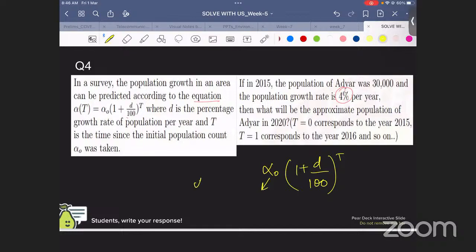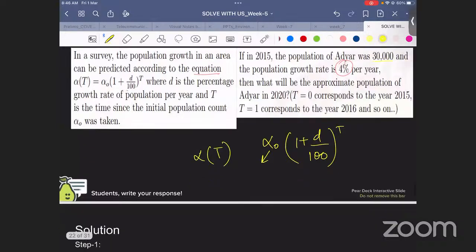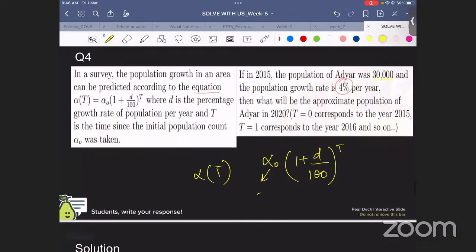You have to calculate it, and 30,000 was the starting population. So this is 30k, and then 1 plus the growth is 4%. So 4 upon 100 will be 0.04.